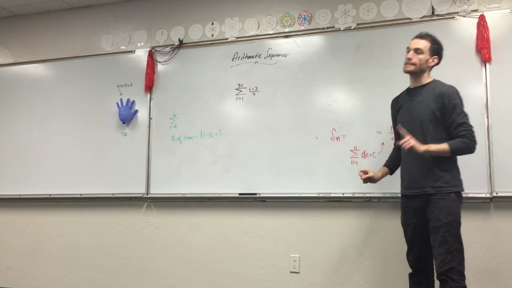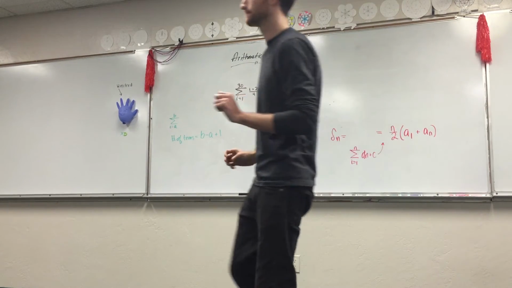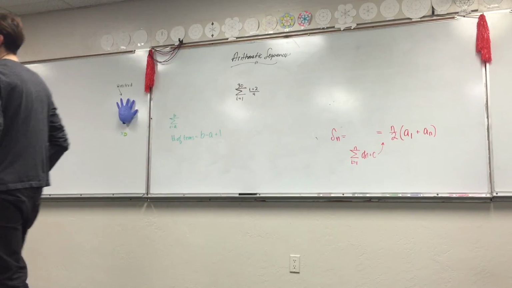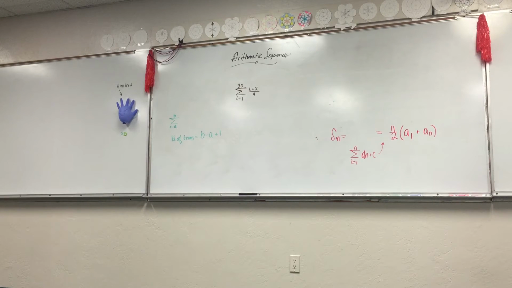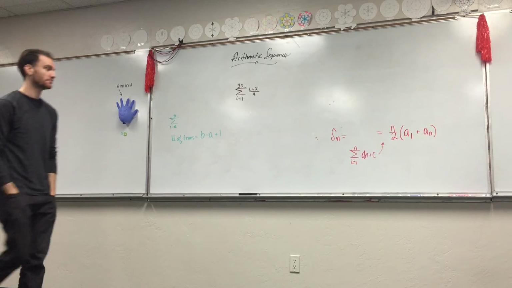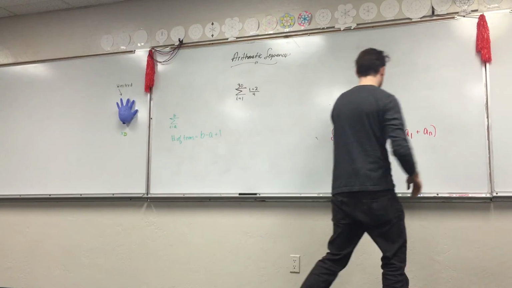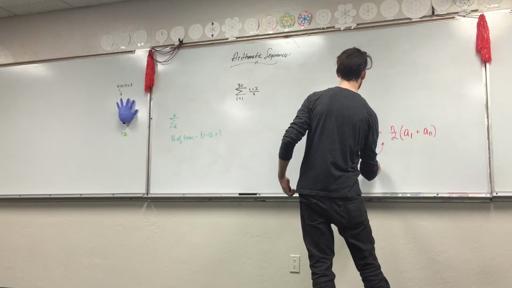Okay, now class. The important thing to be aware of when you're doing this is that it must be an arithmetic sequence. This doesn't work if it's not an arithmetic sequence. And remember, an arithmetic sequence has the form dn plus c.